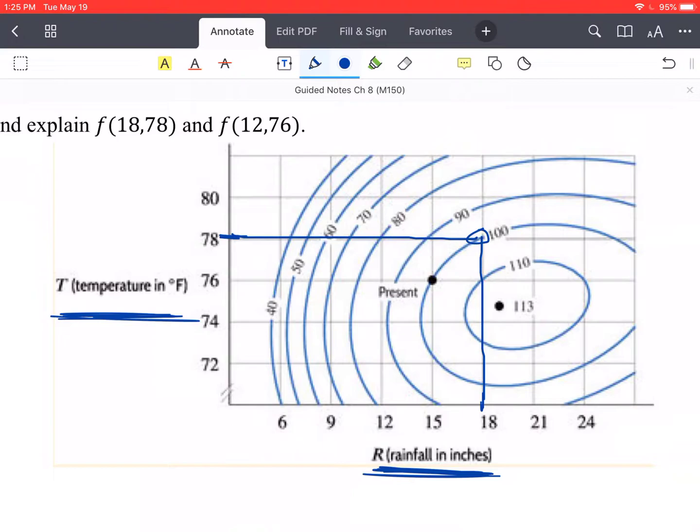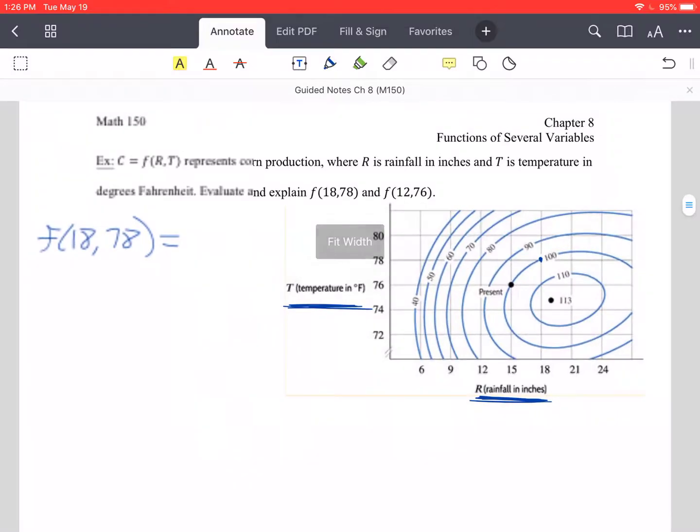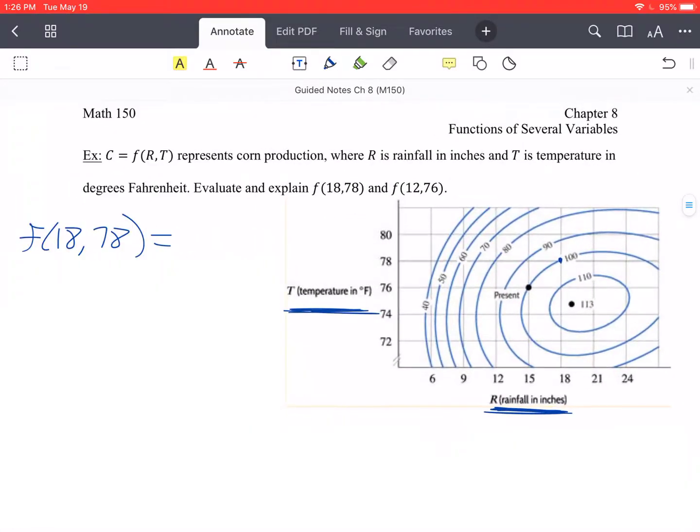And that does lie along one of the contours, right? That lies perfectly on the contour at 100. So that tells me that that is the output. The output value for these is 100.